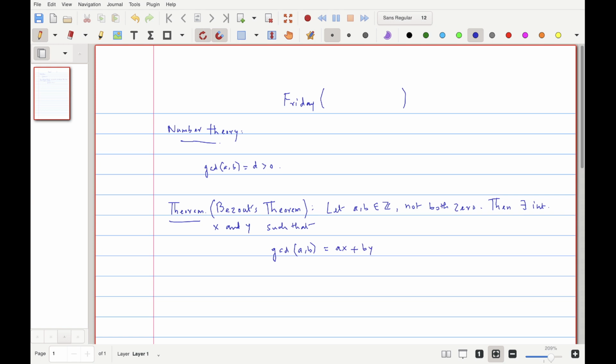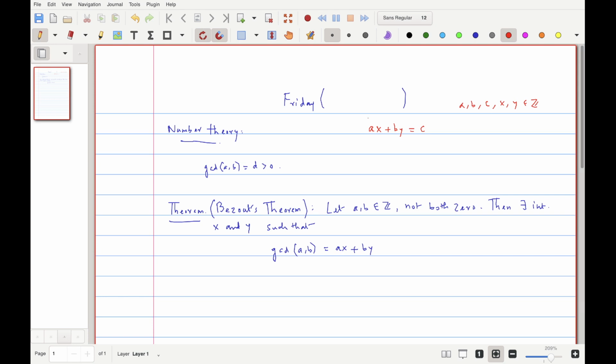Okay. Now let me point something out in case of Bezout's theorem. We are seeing something of this form, ax plus by equals something, where a, b, c, x, y, all of them are integers and a and b are not both zero.